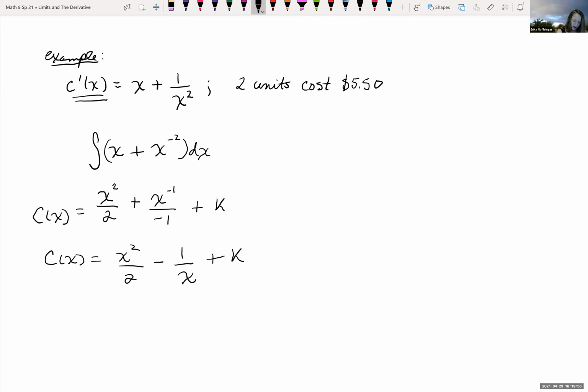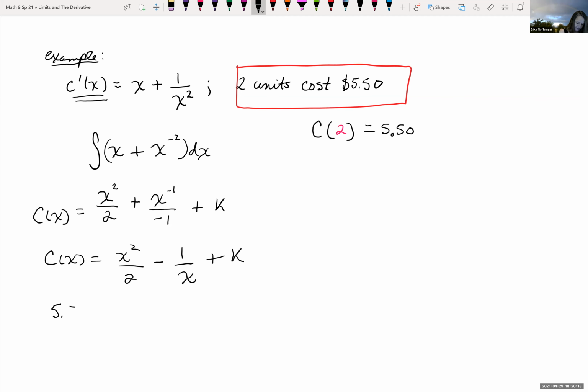We need to figure out what k is, and we're going to use the information that we're given to find that. So at 2 units, this is telling me that c of 2 is equal to 5.50. So let's go in here for c of x. Let's plug in 5.50 is equal to, and let's plug in 2 for our x, and solve for k.